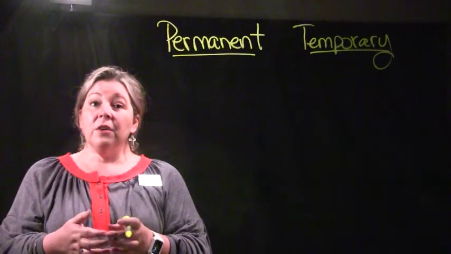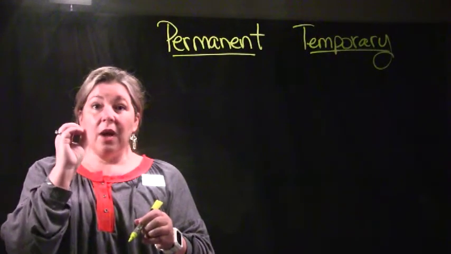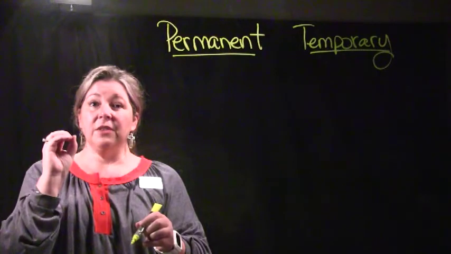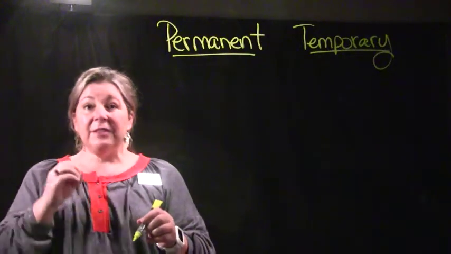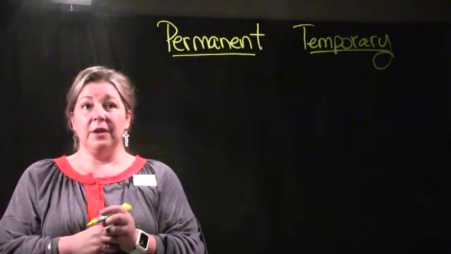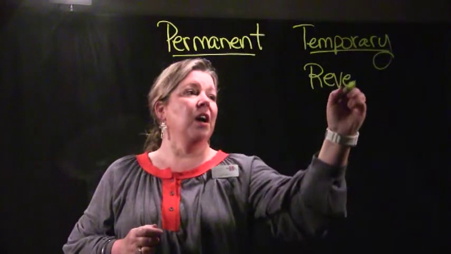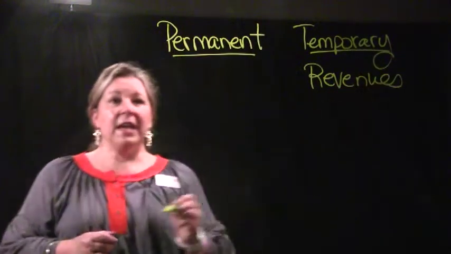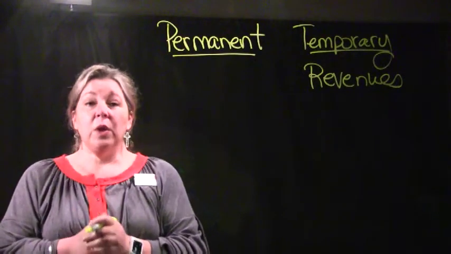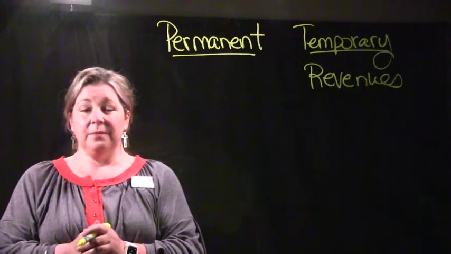So to make it quicker and to know that we always have the right number, if we start with zero at the beginning of every single accounting period for my revenue account, then I know that the balance in that account is just my revenue from this accounting period. So revenues are one of our temporary account types. At the end of every accounting period, we will make them be zero to start fresh the next accounting period.